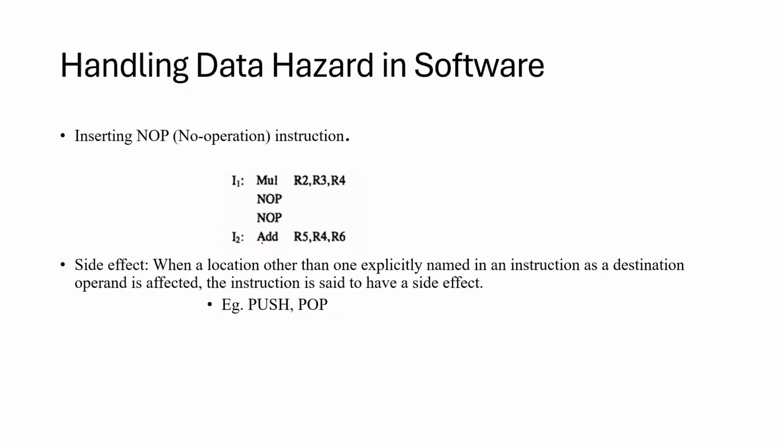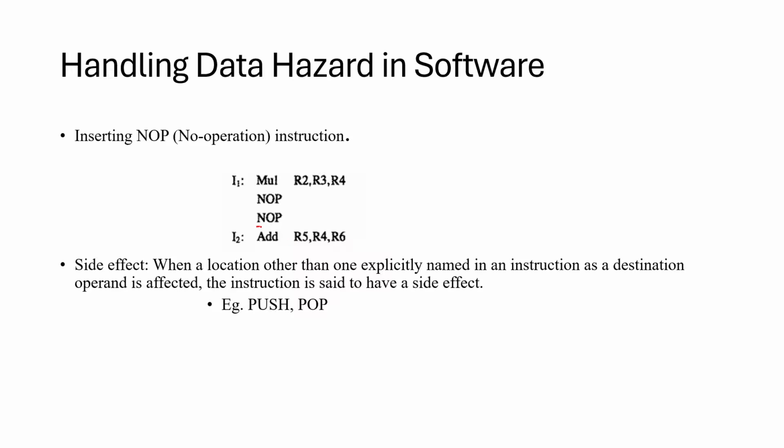So how are we handling the data hazard in software? To handle the data hazard in software, we have to insert the no operation instruction. So the control hardware delays, in the example, by reading the register R4 until clock cycle 5.